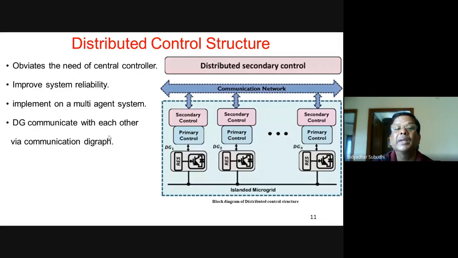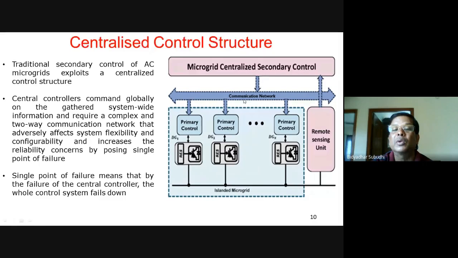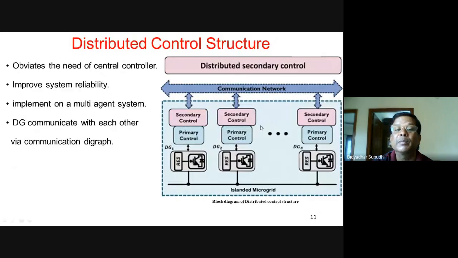But on the other hand, if you use a distributed control, you see there is only one secondary control in the centralized control scheme, although all of them have individual primary controls. In the previous case we have seen there is only one central controller, but here the controllers are distributed across the distributed generating sources.